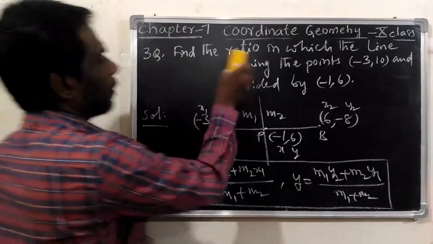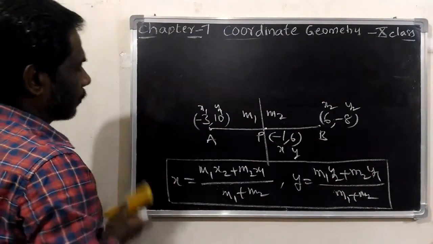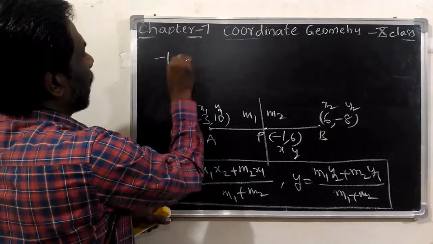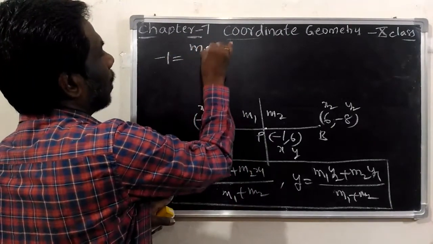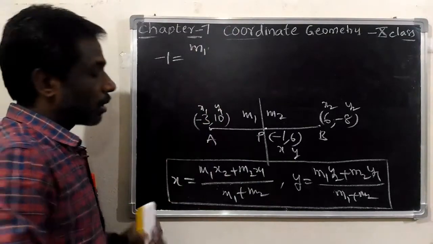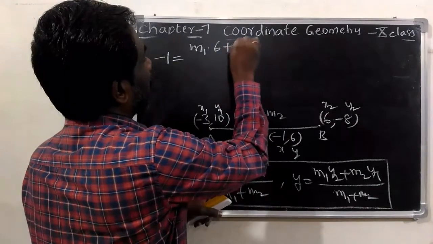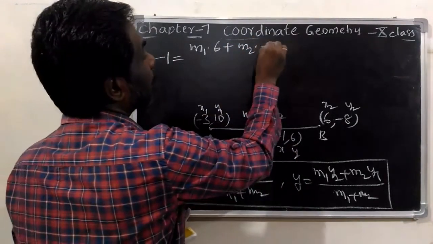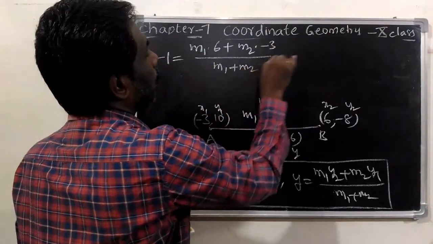In this formula we want to substitute the x1, y1, x2, y2 and x, y values. See, now I am substituting the points in the formula. So x is what? Minus 1. Minus 1 is equal to m1, which stays m1 because we don't know that value, into x2, which is 6, plus m2 into x1, x1 is minus 3, by m1 plus m2.